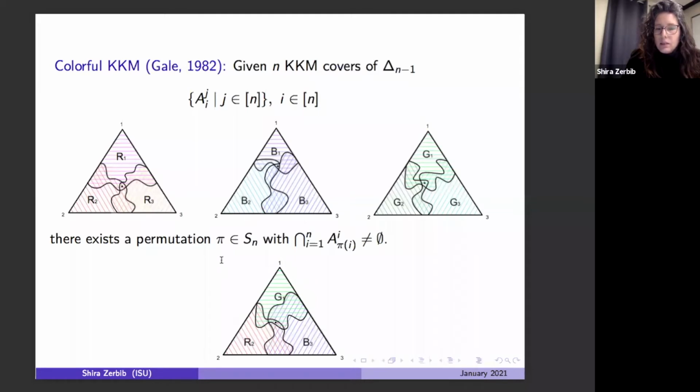So in this example, we can pick the first set from the green cover, the second set from the red cover, and the third set from the blue cover, and get that these 3 sets intersect. And this is true for any n KKM covers of the simplex.